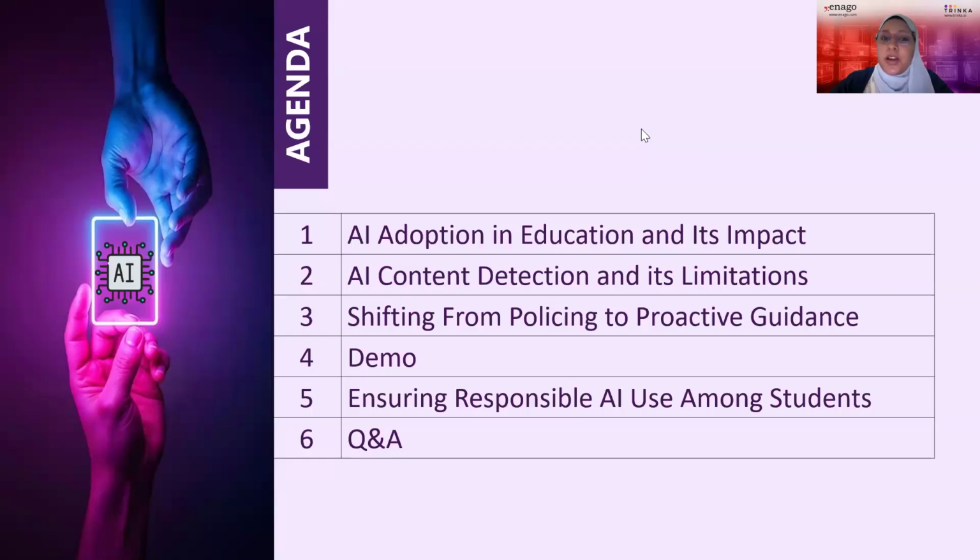Then we will provide a demo of our tool, DocuMark, and discuss strategies to ensure responsible usage of AI among students. And last but not least, we will have a dedicated Q&A part where we can receive all of your interesting questions, and I hope that I can answer all of them.